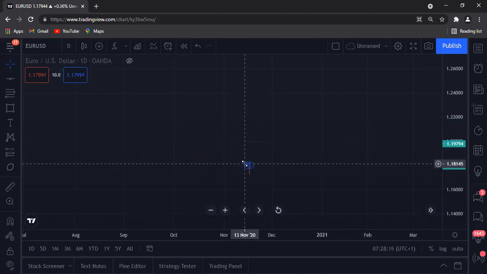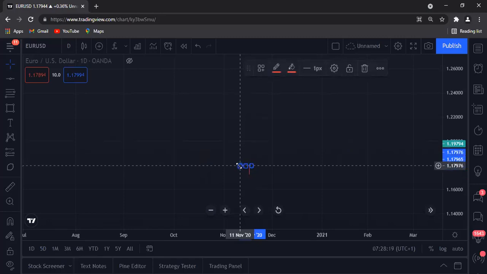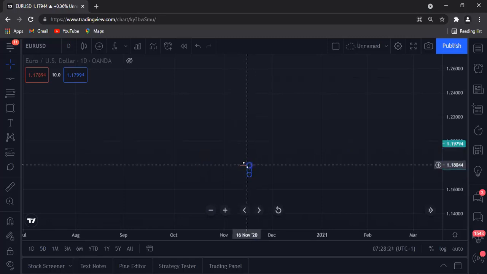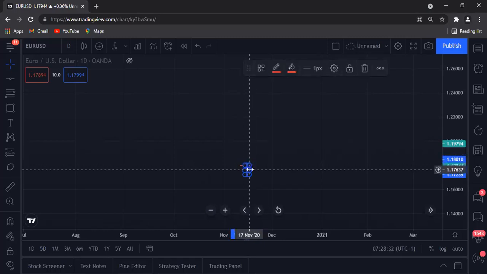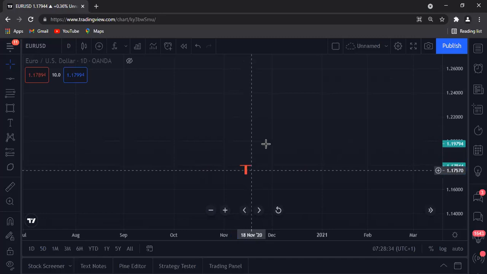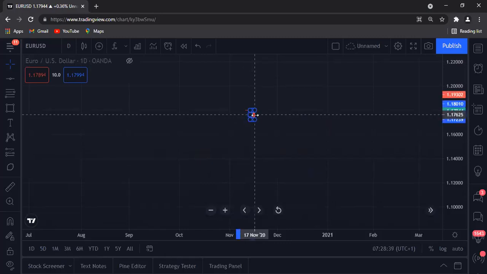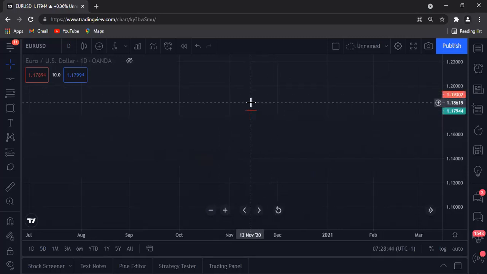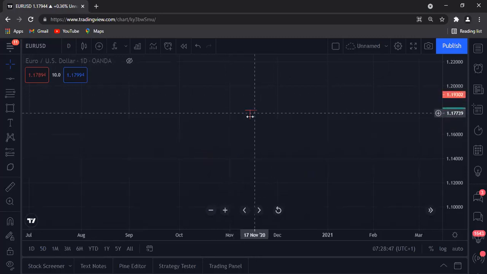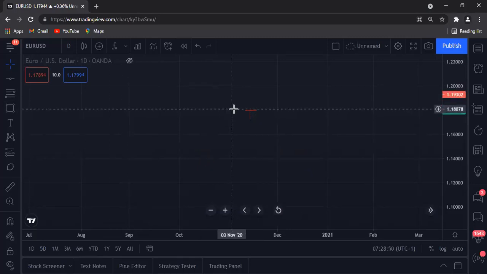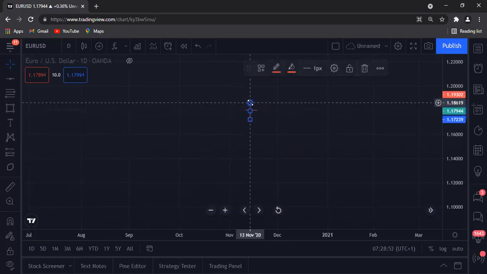It looks something like this. The doji looks very tiny. It can have a wick up. It can look like a plus sign, like I was explaining the other time. It can look like this.